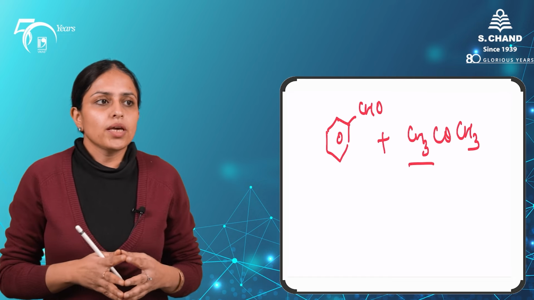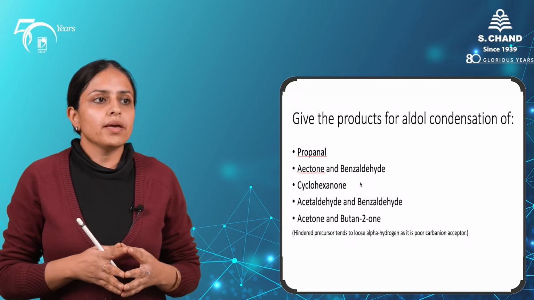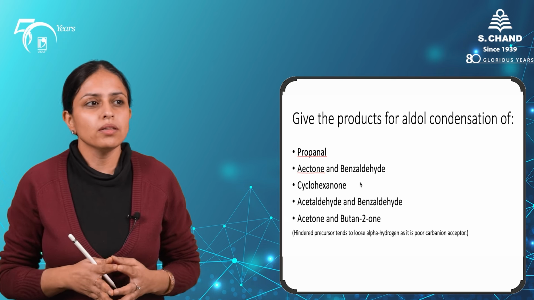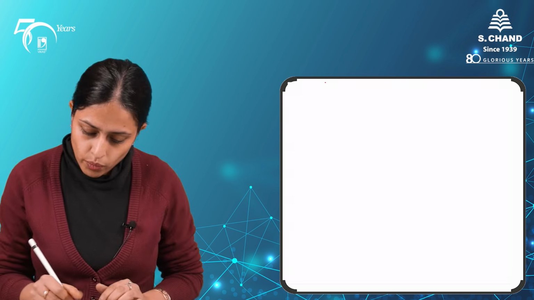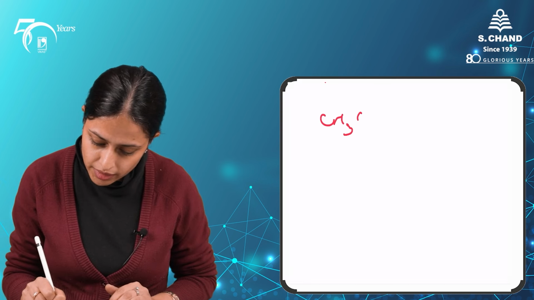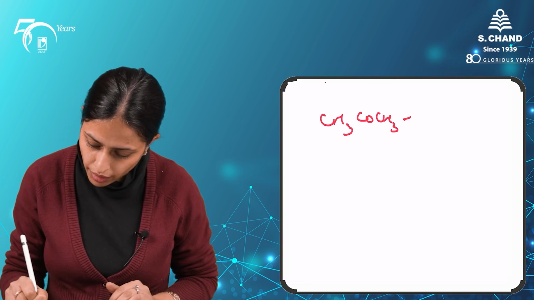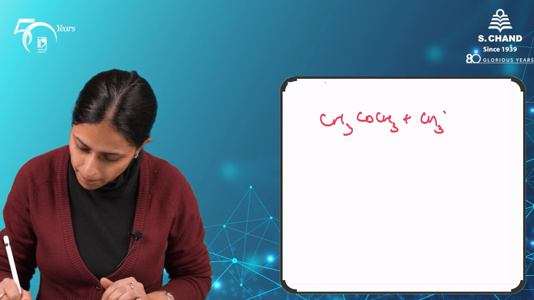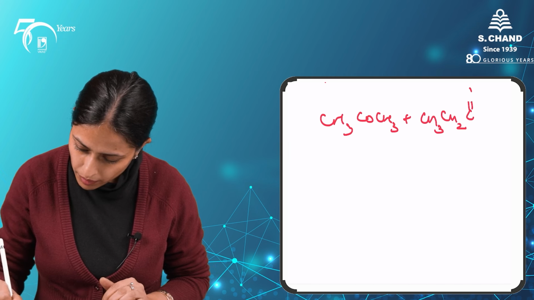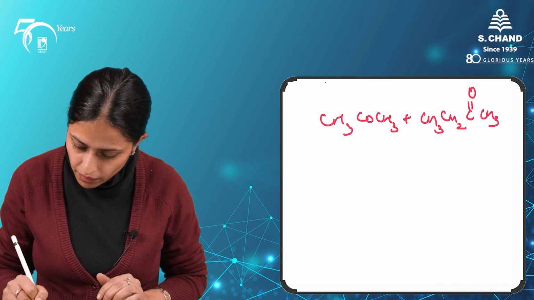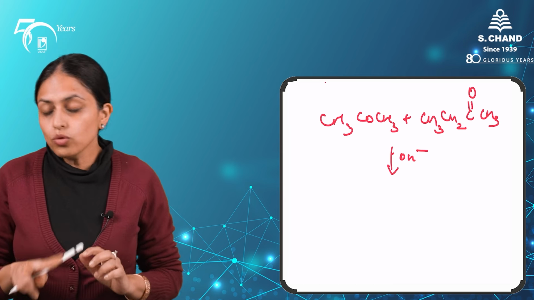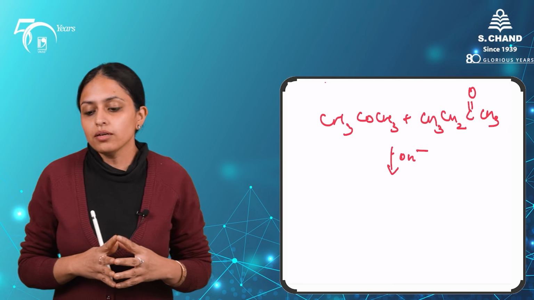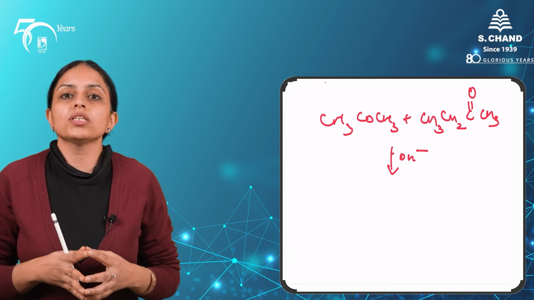Another example which I can mention over here is a reaction between acetone and butan-2-one. Whenever we have reagents like this, acetone and butanone, now here in this reaction you can see that there are two types of ketones. So what is expected? This is basically called a cross aldol condensation.